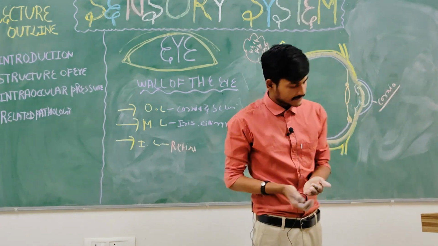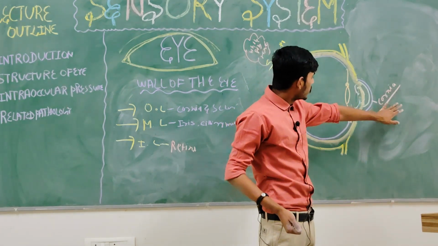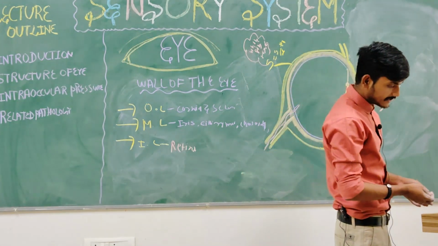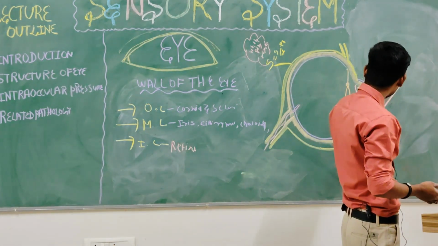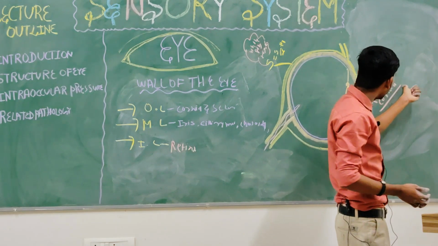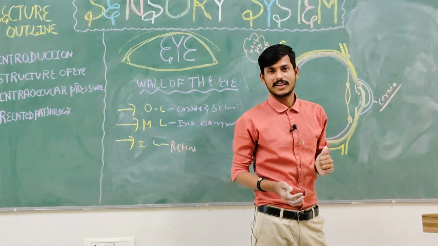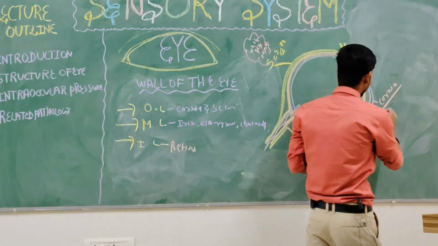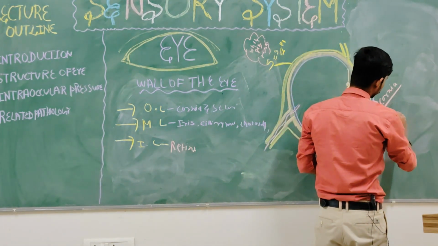About the cornea, this cornea layer is highly avascular. Write down, it's avascular, not vascular.